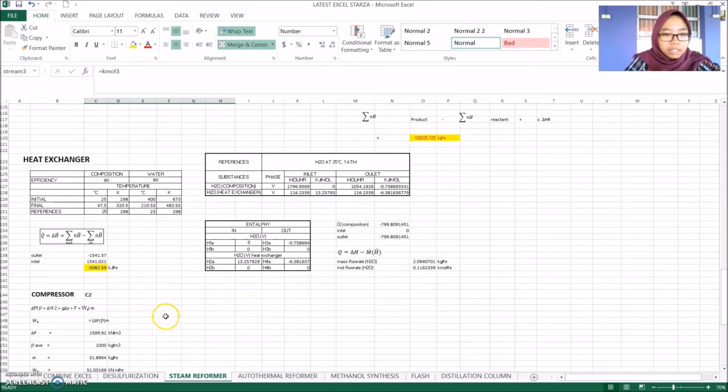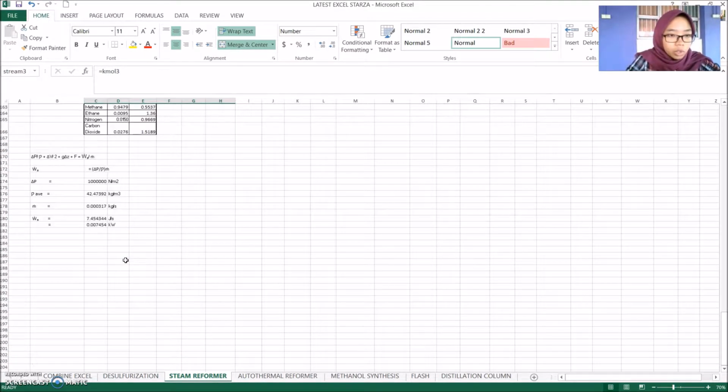For heat exchanger it is negative 3082.59 kilojoule per hour. Negative means that heat is lost from the heat exchanger to the surroundings, so we don't need to calculate for the electricity.